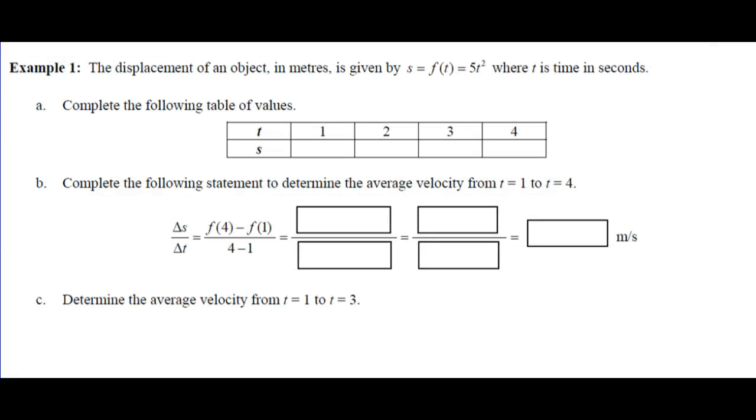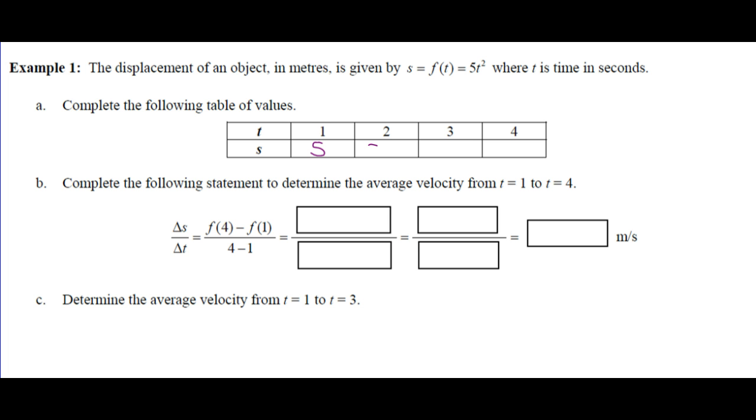Example 1. The displacement of an object in meters is given by S equals f of t equals 5t squared, where t is the time in seconds. Complete the following table of values. In 1 second, we will have gone 5 meters. In 2 seconds, 20 meters.